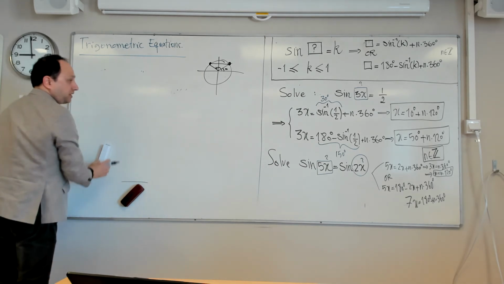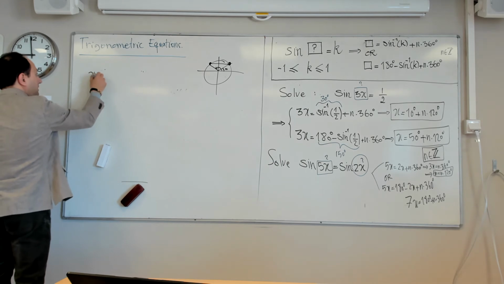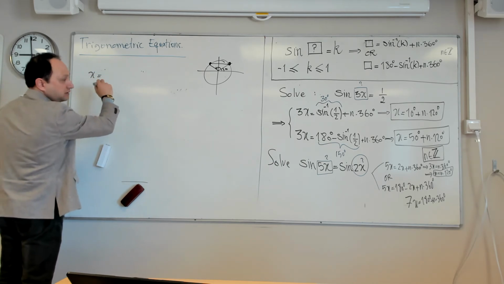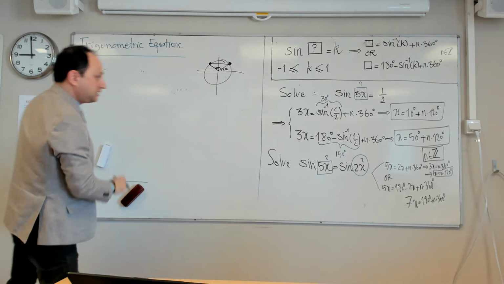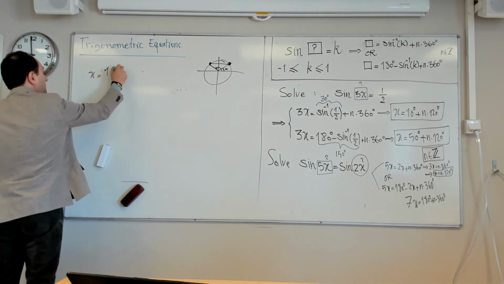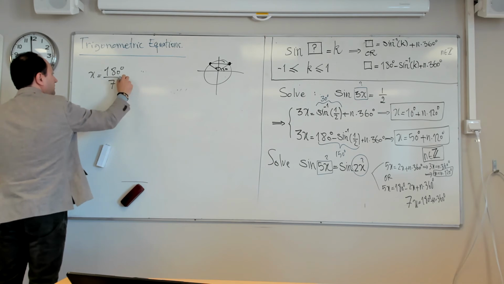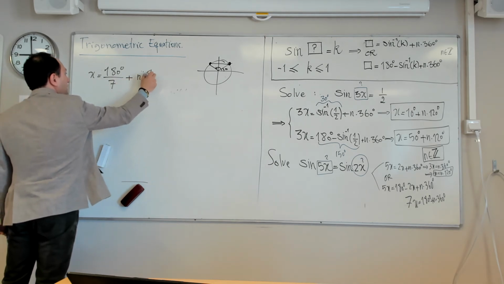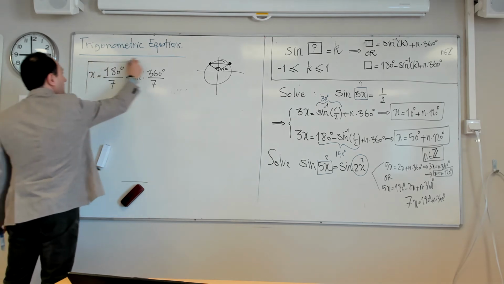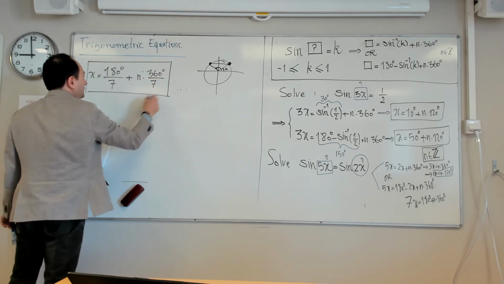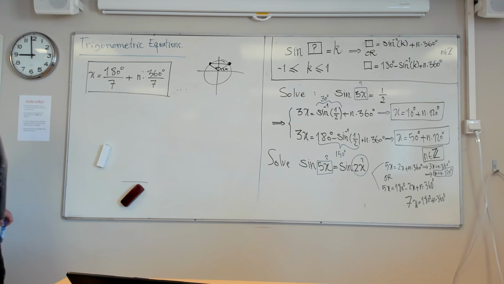So x becomes 180 divided by 7 plus n times 360 degrees divided by 7. If you want to keep it exact, this is the exact answer. If you want some approximations, you just divide by 7 and get your approximation values. So this is the exact value, yes?